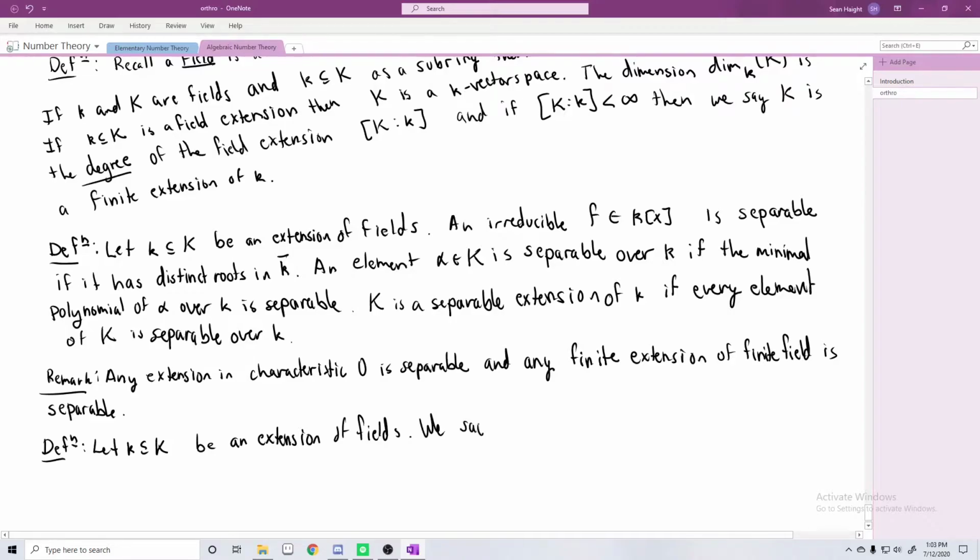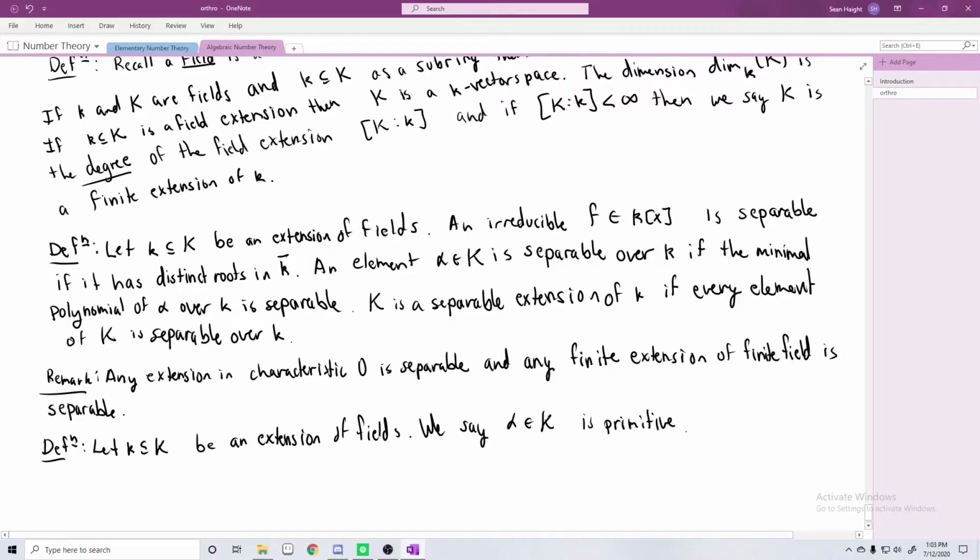We say alpha in big K is primitive for the extension. Sometimes we'll denote the extension by big K over little k, like a fraction.